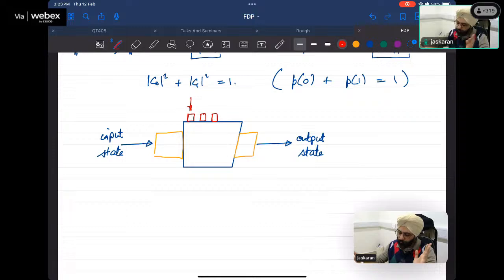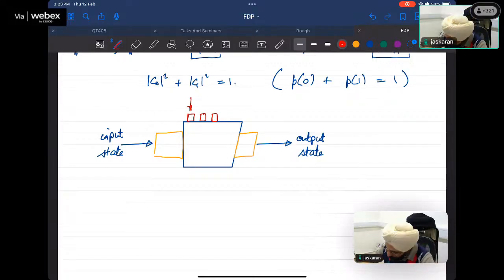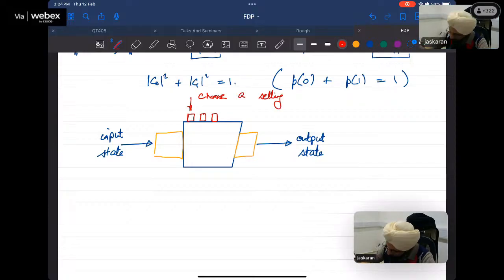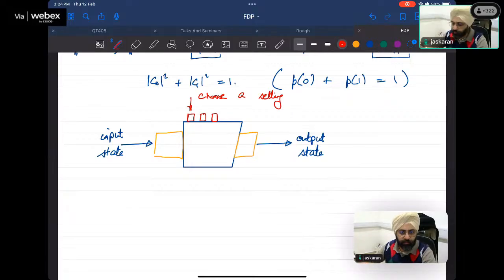However, I will just draw a few of them. But as you can see, for every particular observable that you want to measure, there corresponds some setting, some button which we can press, and the black box will know that we have to measure that particular observable. So I have to choose a setting by pressing some button in this particular device.